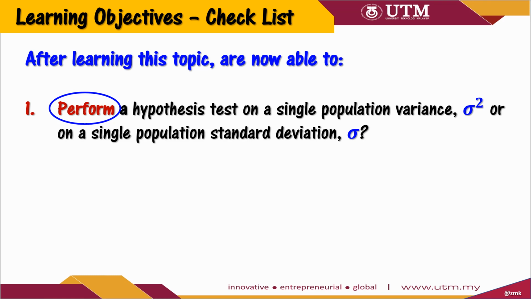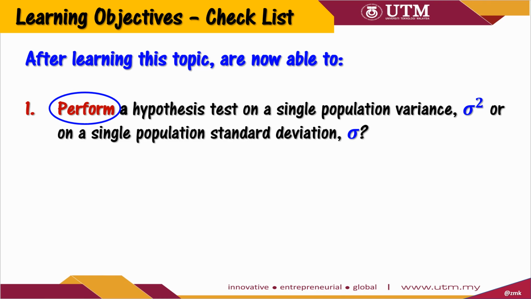Remember, the testing procedure for testing either sigma squared or sigma is exactly the same. The only difference may be in writing the statement under the null and alternative hypothesis, which should either be on sigma squared or on sigma, depending on the parameter you are interested in testing.